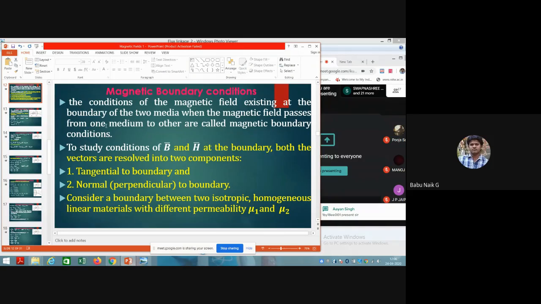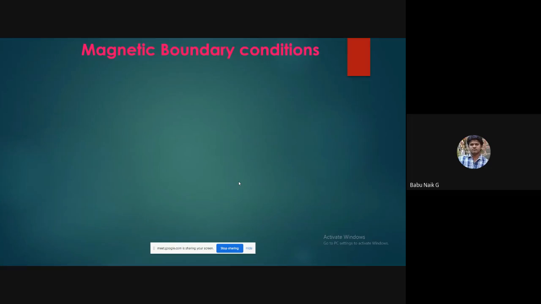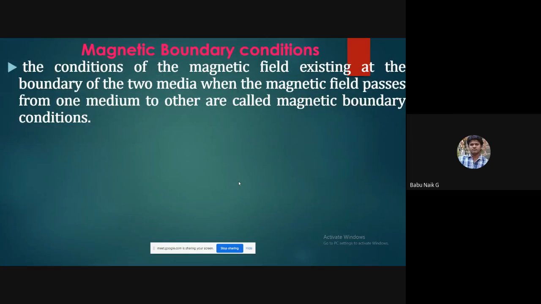Similarly, in the magnetostatic field, we can calculate the magnetic field intensity and the magnetic flux density at the boundary. The boundary involves two mediums, medium 1 and medium 2, and the region where energy is transferred from one medium to the other is what we call the boundary condition region.